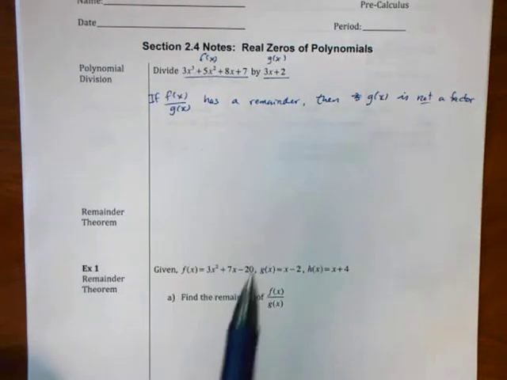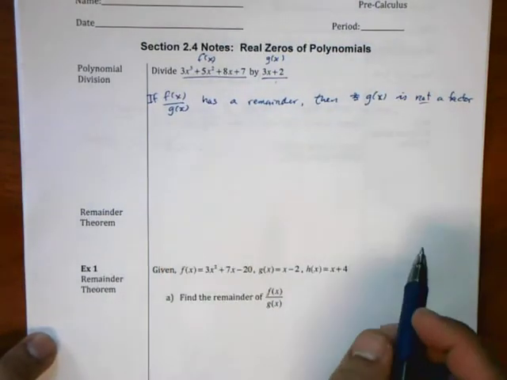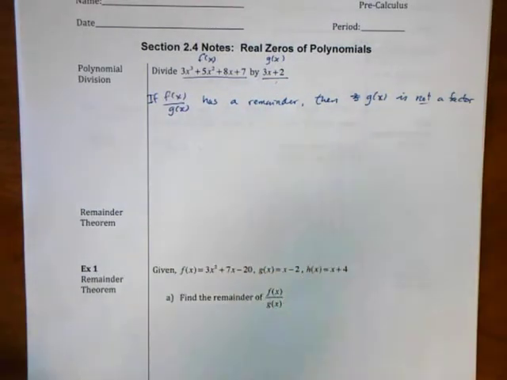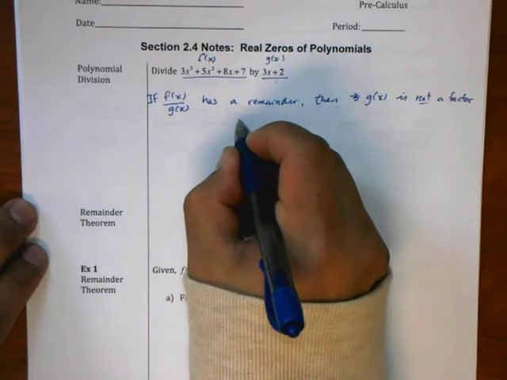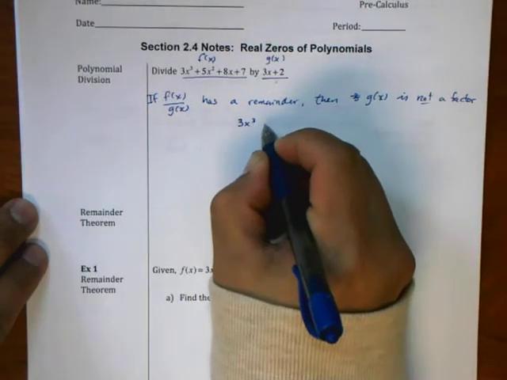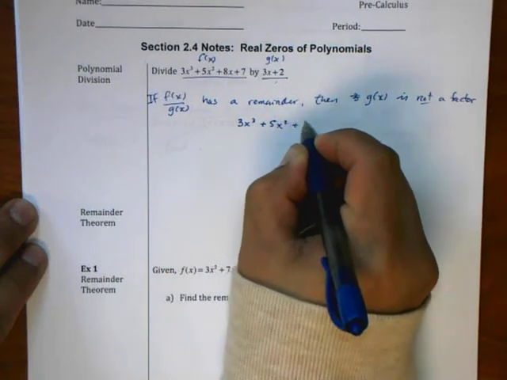So first we want to decide, is this a factor of this polynomial? If it has a remainder, then it's not. There isn't really a great way to do this, but we're going to use long division from our days of elementary school.